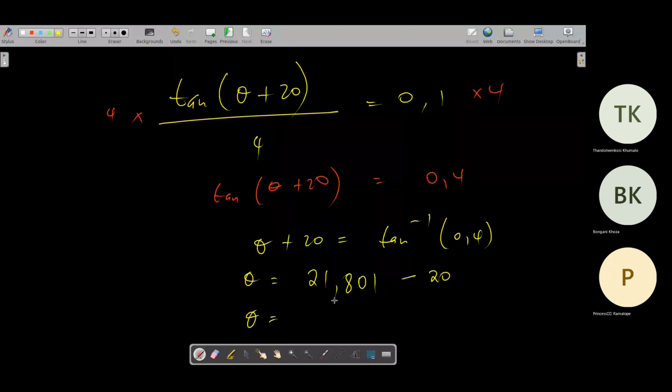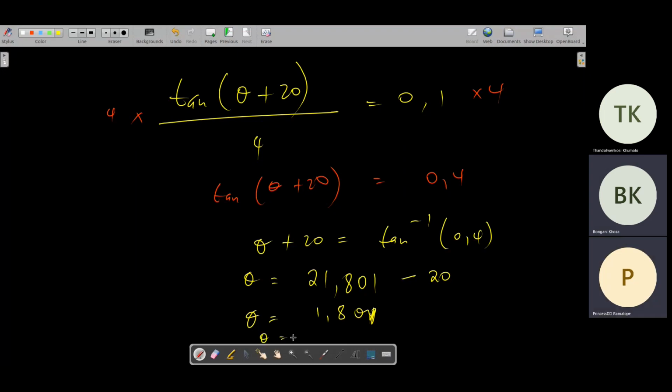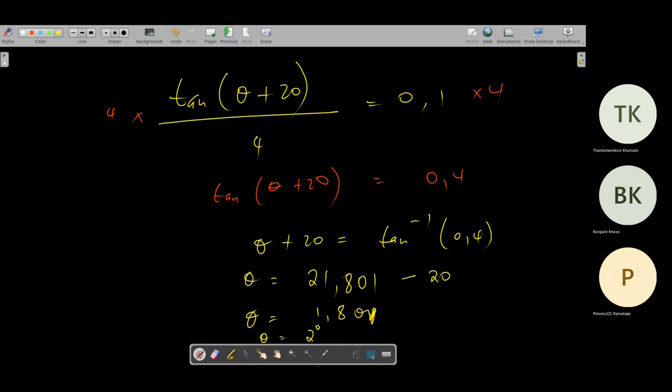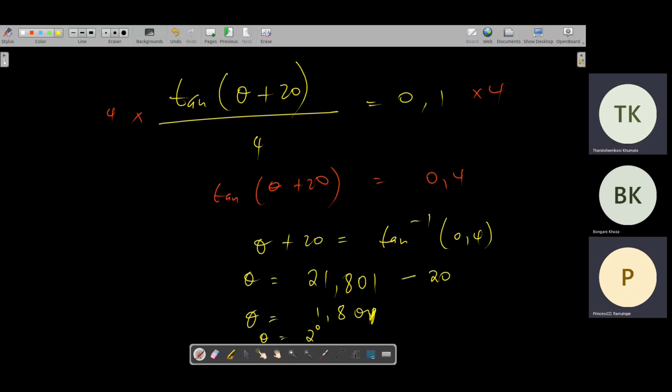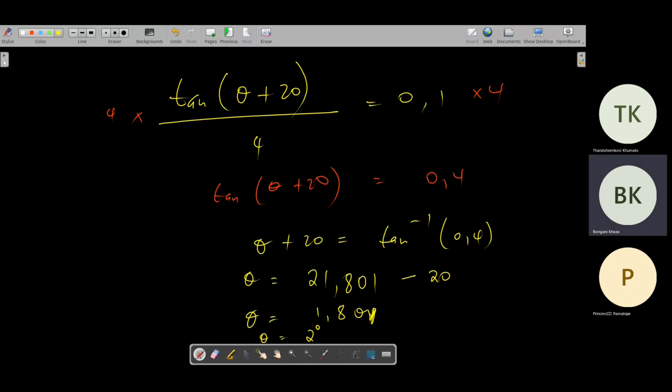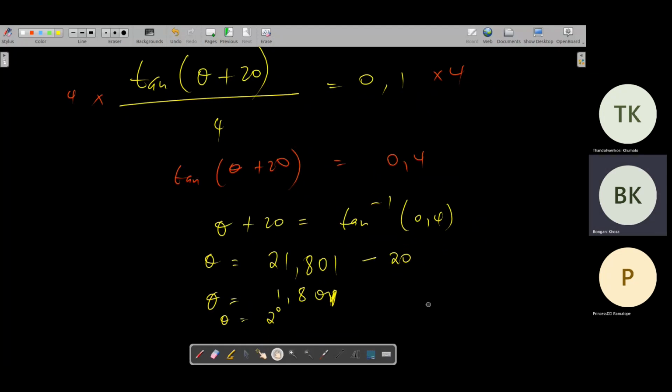So this is just theta equals 2. All good? Did we both get that one? Yes. Okay, awesome, it means we are making progress.